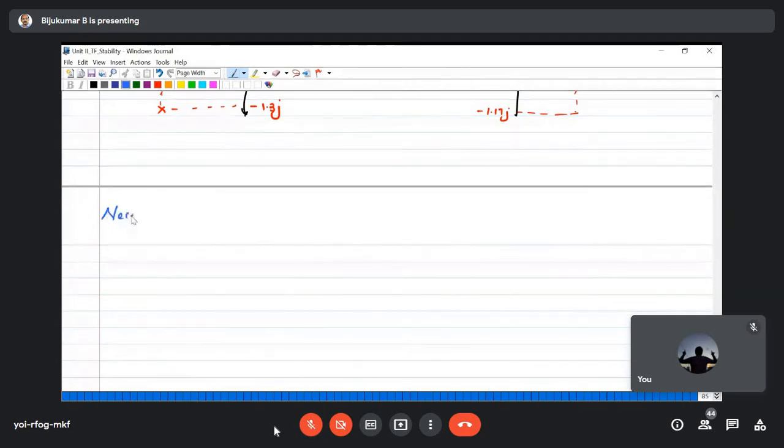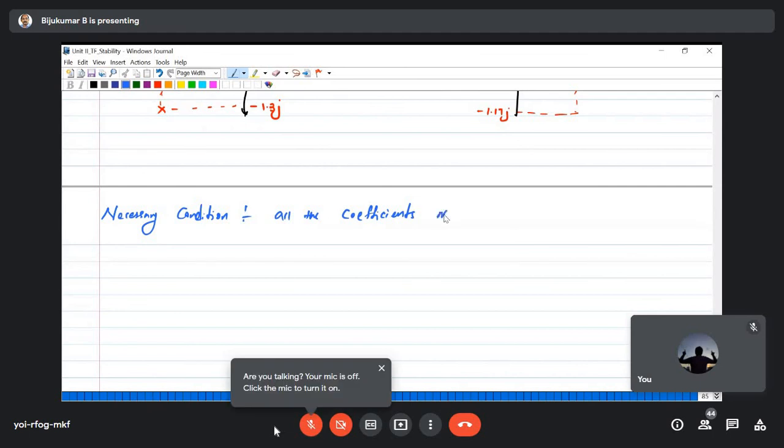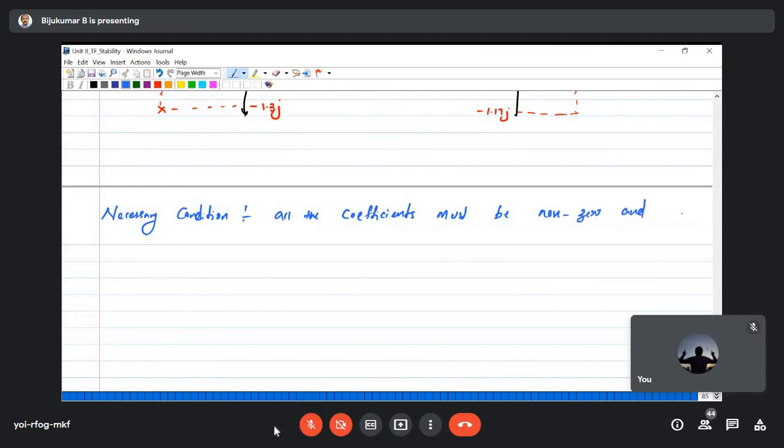The necessary condition is that all the coefficients must be non-zero and of the same sign.